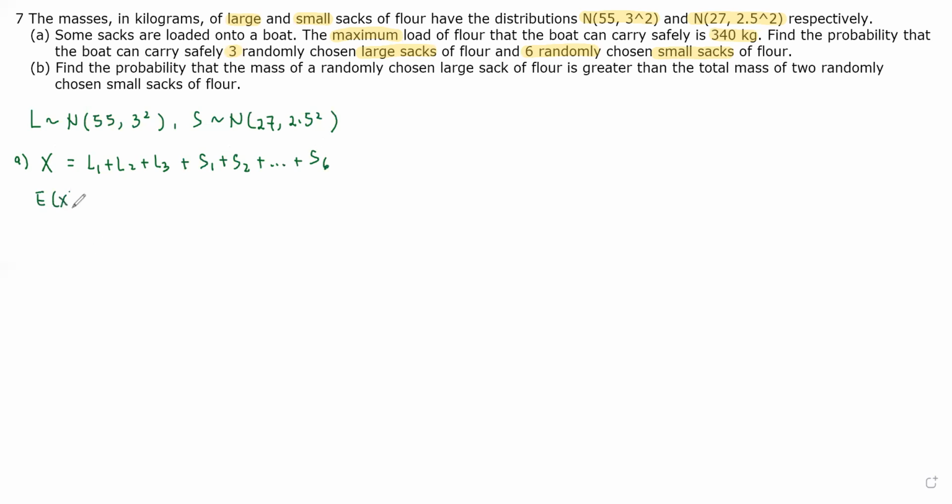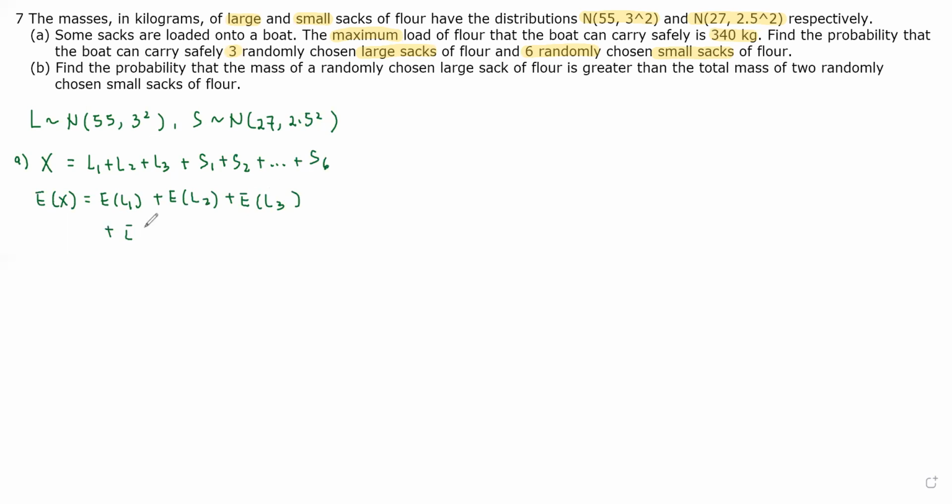The expected value of X is the sum of the expected values of all these random variables. There are 3 L here, so we have the expected value of L1 plus the expected value of L2 plus the expected value of L3.